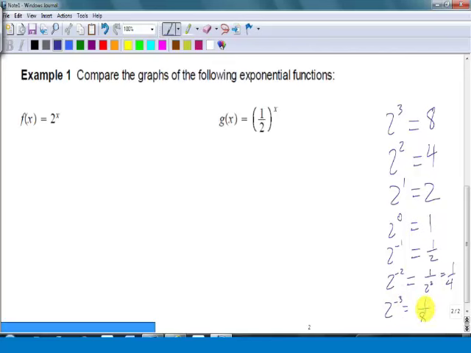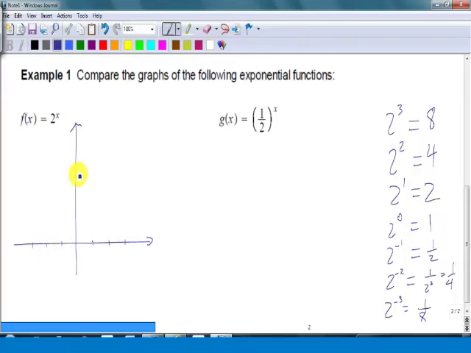Now, armed with these facts, we should be able to graph both of these. So f of x equals 2 to the x power. Just going to choose some nice numbers in its domain. Basically, I'm going to choose all the exponents that I had there. From -3 to +3, the x values are the exponents for exponential functions. So I'm going to evaluate the function at 0, 1, 2, 3, -1, -2, -3.